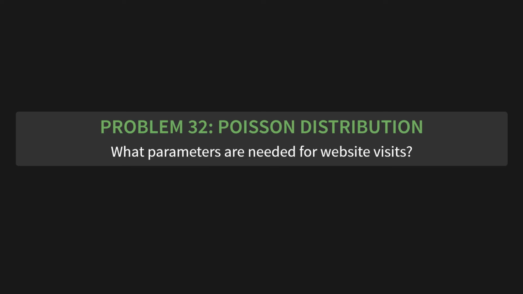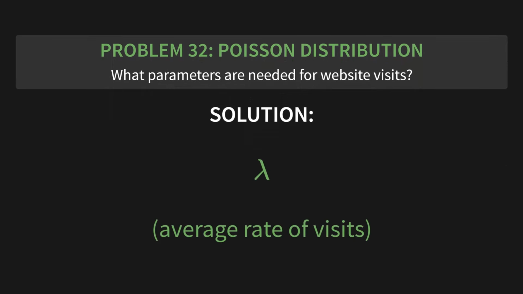What parameters are needed for a Poisson distribution for website visits? Lambda, the average rate of visits.